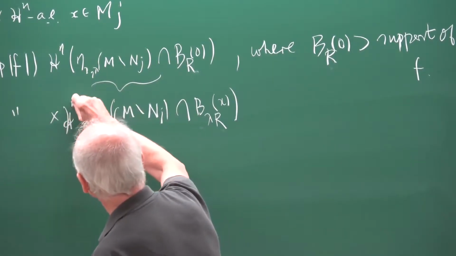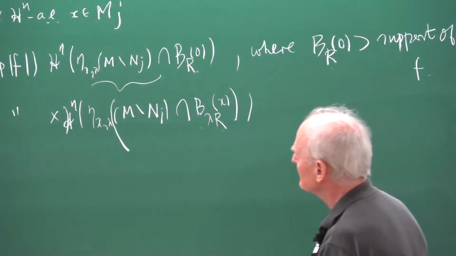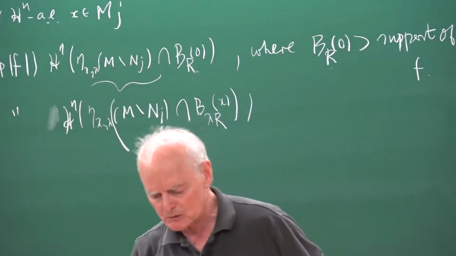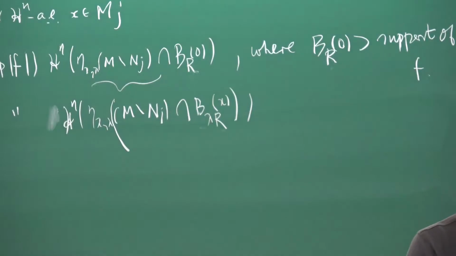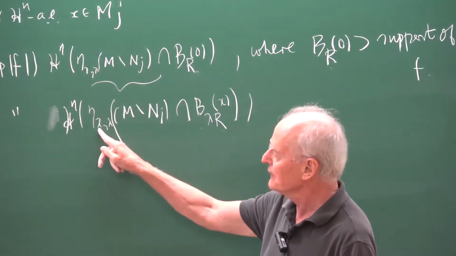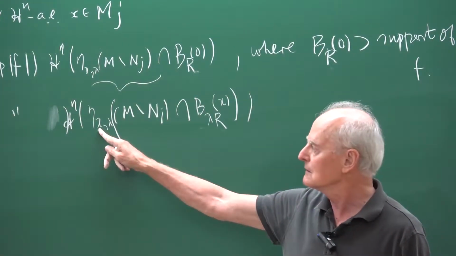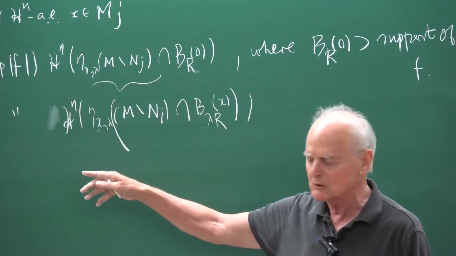Times H^n. That. And now we've got to remember the definition of Hausdorff measure. I'm not sure I mentioned this before, but if you look at the definition of Hausdorff measure in Euclidean space, you'll see that it scales appropriately. First of all, it's invariant under translation. So the Hausdorff measure of the translated thing is the same as the Hausdorff measure of the original thing.